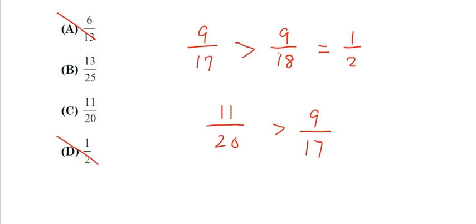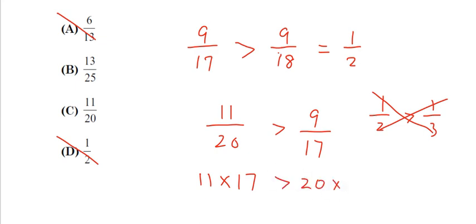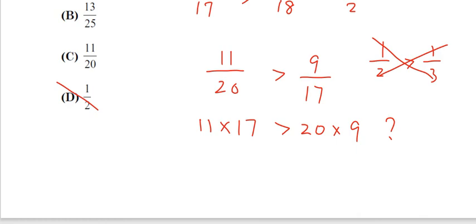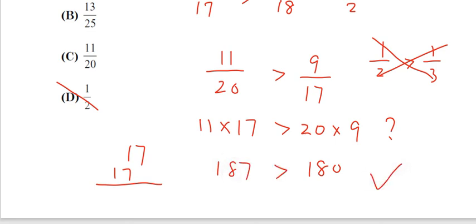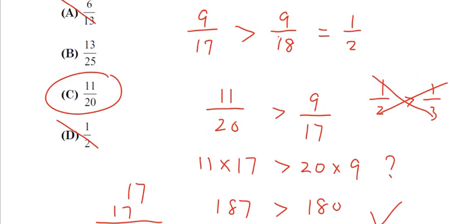Like the 1/2 larger than 1/3 example, this multiplied by this should be larger than that multiplied by that. So 11 multiplied by 17 larger than 20 times 9? 20 multiplied by 9 is 180, and 11 multiplied by 17 is 187. So yes, this is true. Why do we compare C with this number, not B?